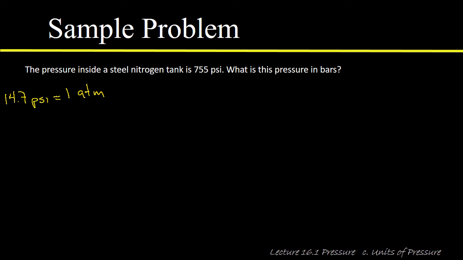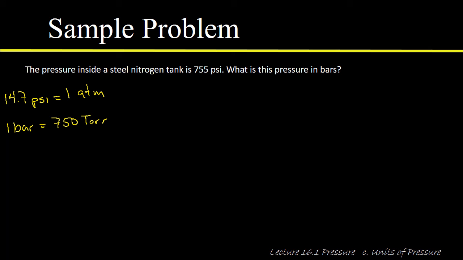If we actually want to get the pressure in bars, we can remember that 1 bar is 750 torr. Okay. That's helpful. That won't quite get us there because we still need some kind of a bridge to get from atmospheres to torr. Okay.